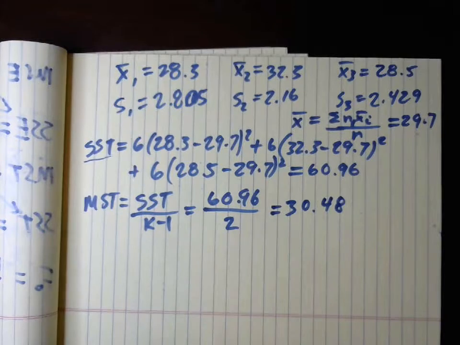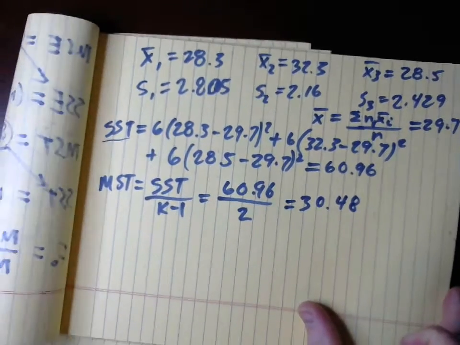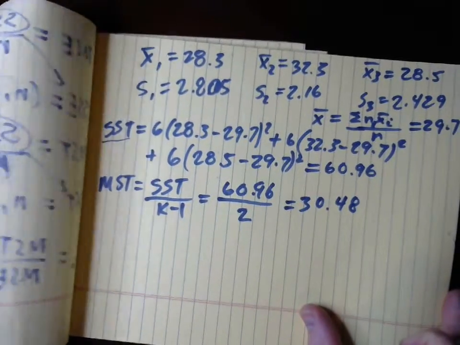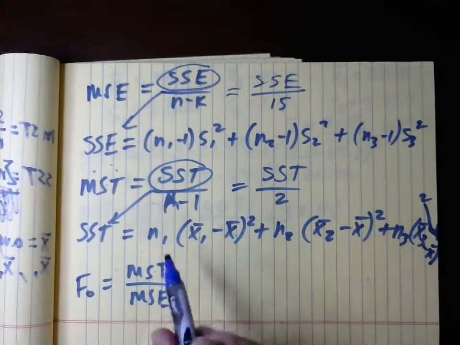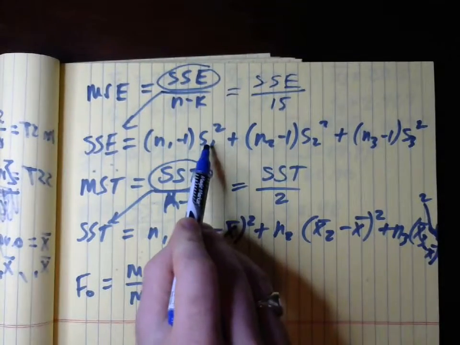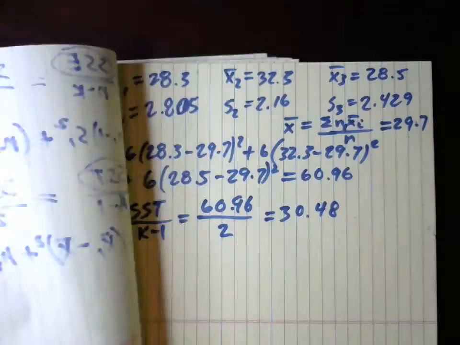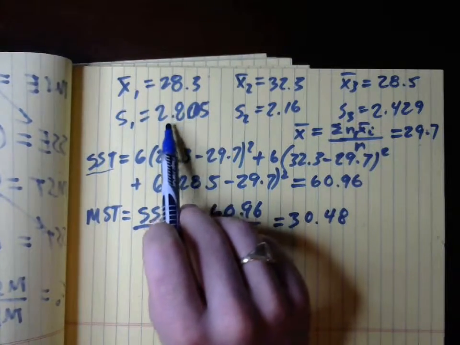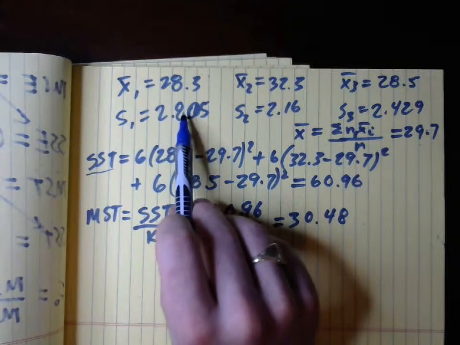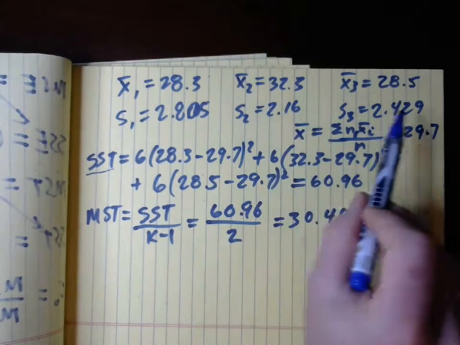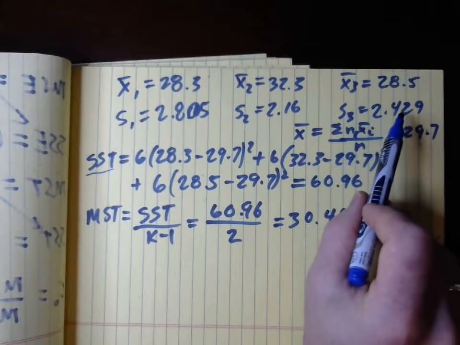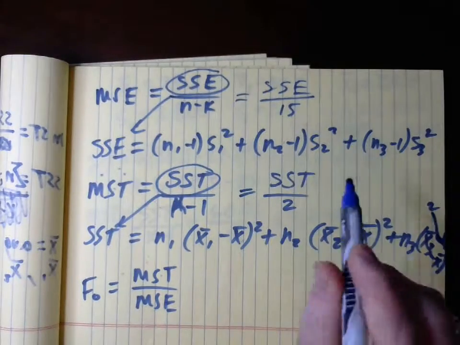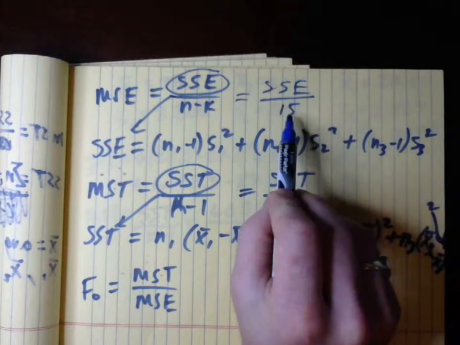And in regards to using this equation to calculate the appropriate value, I'm going to leave that up to you. So it would be 5 times the sample standard deviation squared, so 5 times this squared plus 5 times this squared, plus 5 times this squared, and then we would divide it by 15.